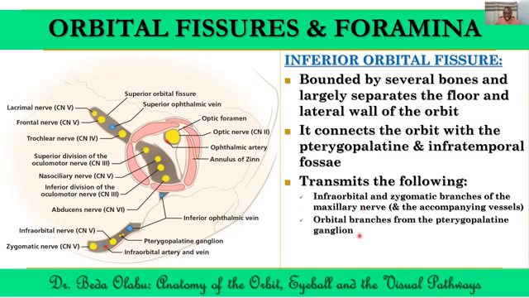We also have the orbital branches from the pterygopalatine ganglion. The pterygopalatine ganglion is a parasympathetic ganglion, marking the synapse of the preganglionic fibers which came from facial nerve eventually.